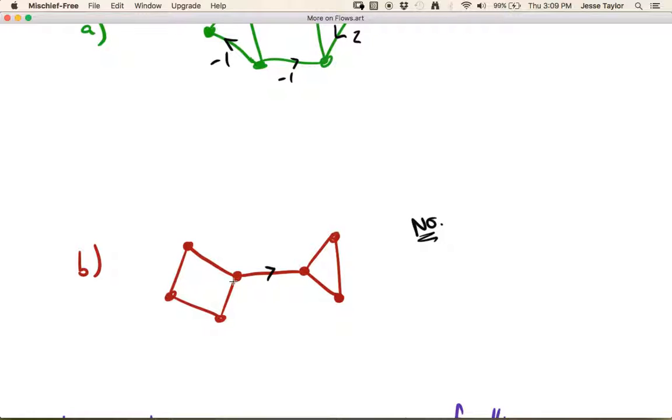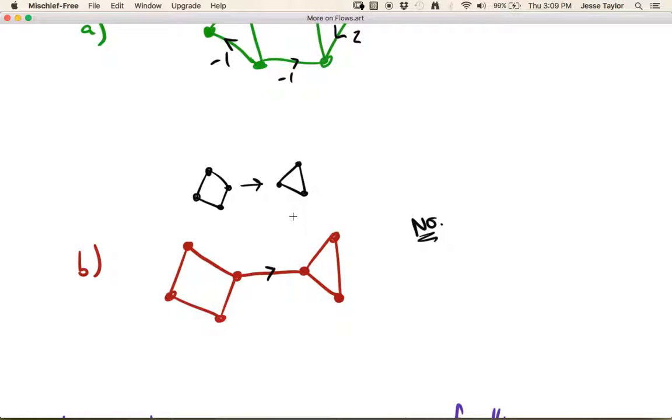So instead of looking at a specific vertex, look at the two pieces that erasing this bridge creates, right? So we've got this piece on the left and then this piece on the right if we erase this bridge. Now there's water moving around over here and then there's water moving around over here, but if water is only moving in this direction between these two pieces, eventually all your water is going to be in the triangle, right?